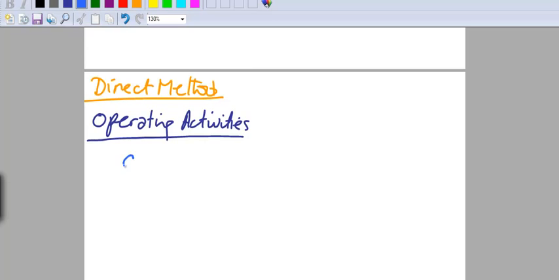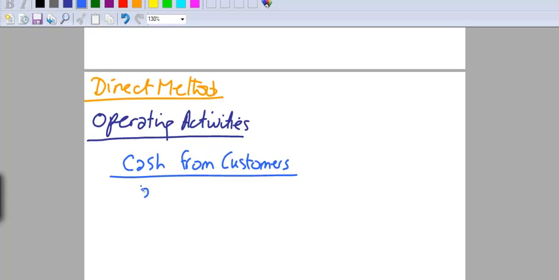The first section is cash from customers. We're going to add sales, and this is always going to be an inflow. Sales plus or minus any change in accounts receivable.